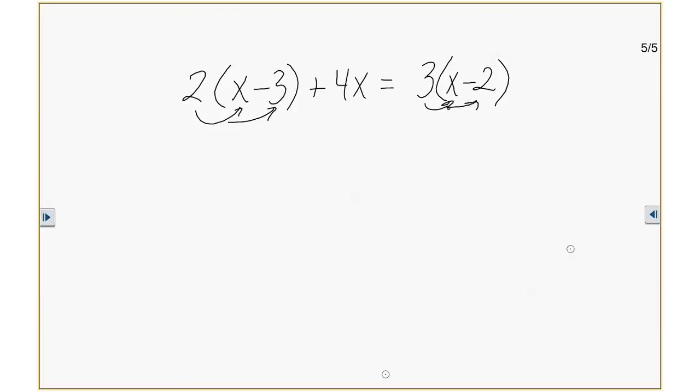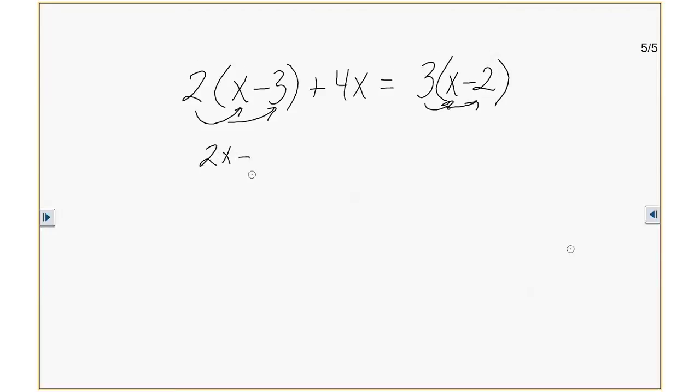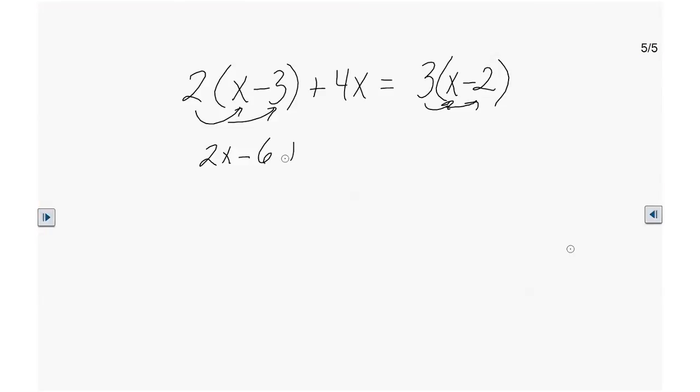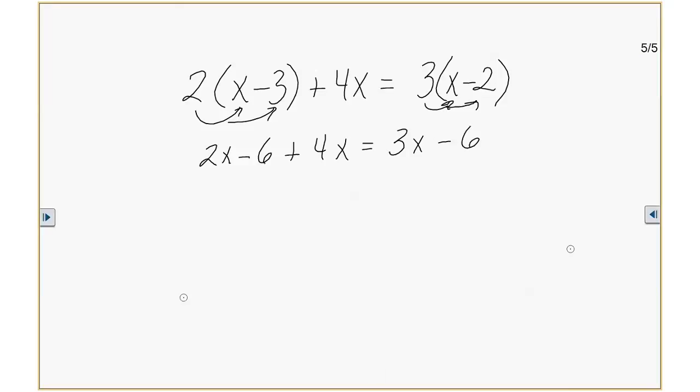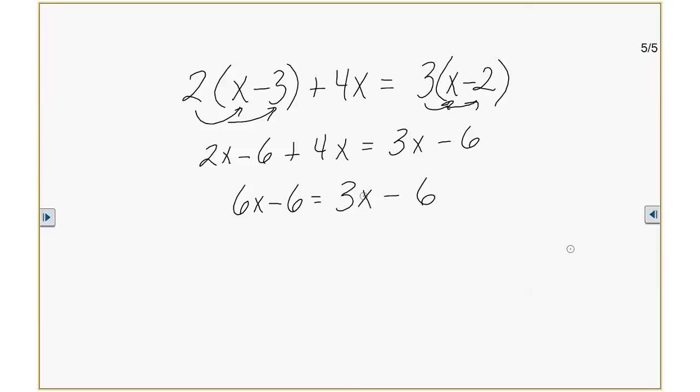Okay? So we get 2x minus what? 6 plus 4x is equal to 3x minus what? And I can combine like terms over here, and that's going to give me 6x minus 6 is equal to 3x minus 6. And where's my smallest bucket? The 3x.